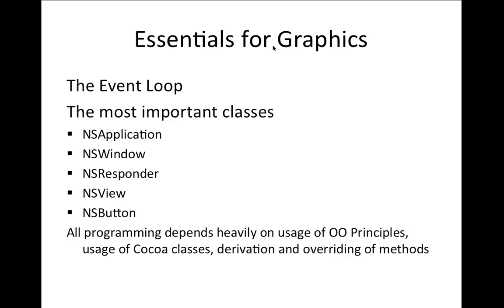The most important classes are the NSApplication, the NSWindow, the NSResponder, the NSView, and the NSButton, which are classes that you're going to use. You're going to make instances of these in practically every application that you create. And all programming depends heavily on the usage of object-oriented principles, obviously. Usage of Cocoa classes, derivations, and overriding of methods as well in terms of the interface.